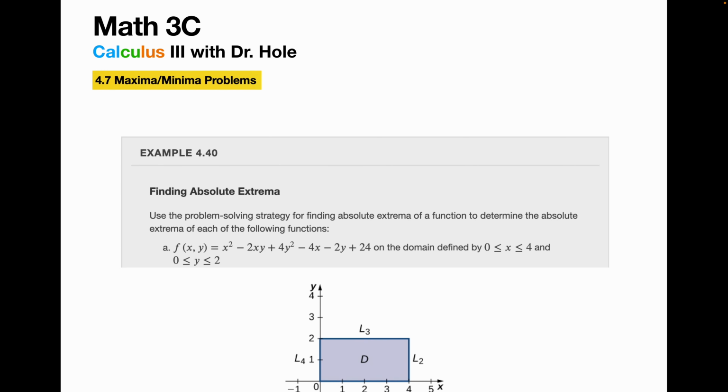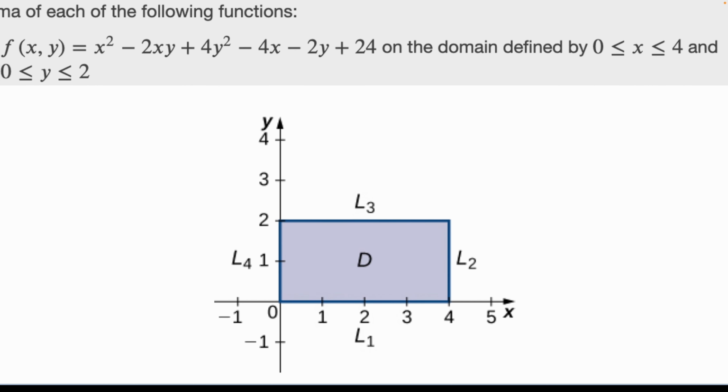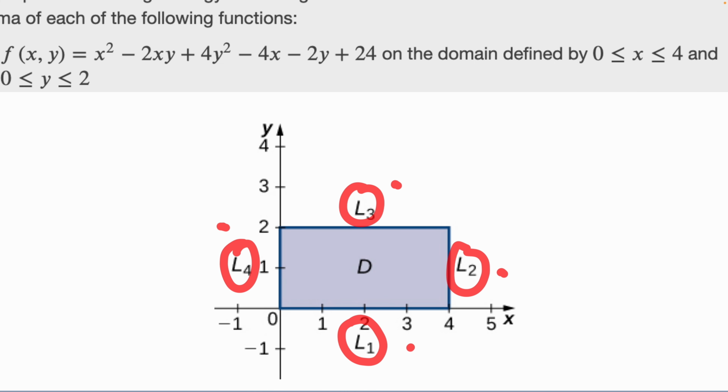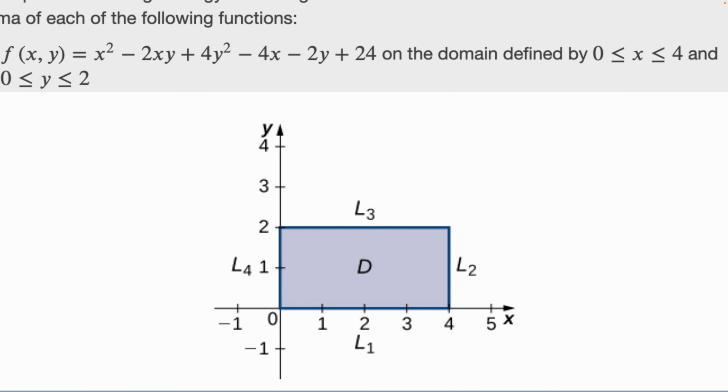So if we draw out that rectangle, we can see that we're going to have to consider first critical points on all of D, and then the boundary of D, second, has, oh my gosh, 4 pieces to it. Hence, you're going to have to do 4 more calculations, which are 4 applications of EVT on what are going to turn out to be line integrals.